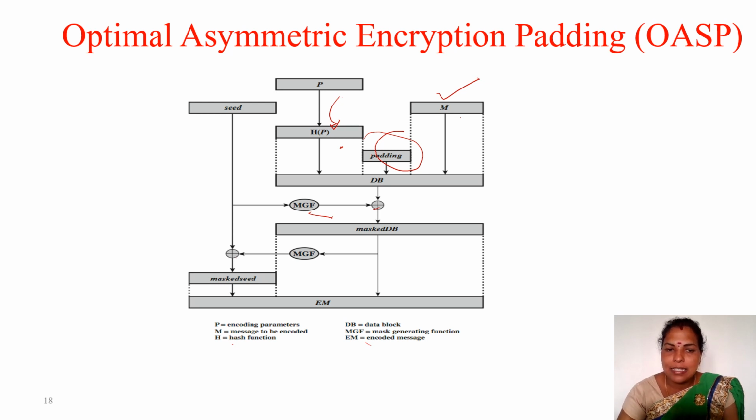The masked seed and the masked data block together form the encoded message. So this way we are performing some modifications before applying the RSA algorithm itself. We are padding the message and then performing the encryption process in order to overcome the chosen ciphertext attacks in RSA.